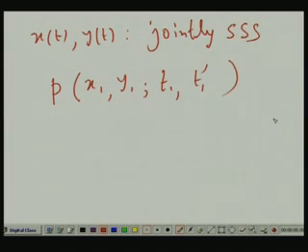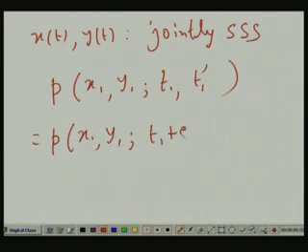Now, if it is jointly strictly stationary, it should depend only on the gap, that is this way. You should have the same thing if you advance them by some constant, which means it depends only on the gap between the two, the difference between T1 prime and T1, not the absolute values of T1 prime and T1.